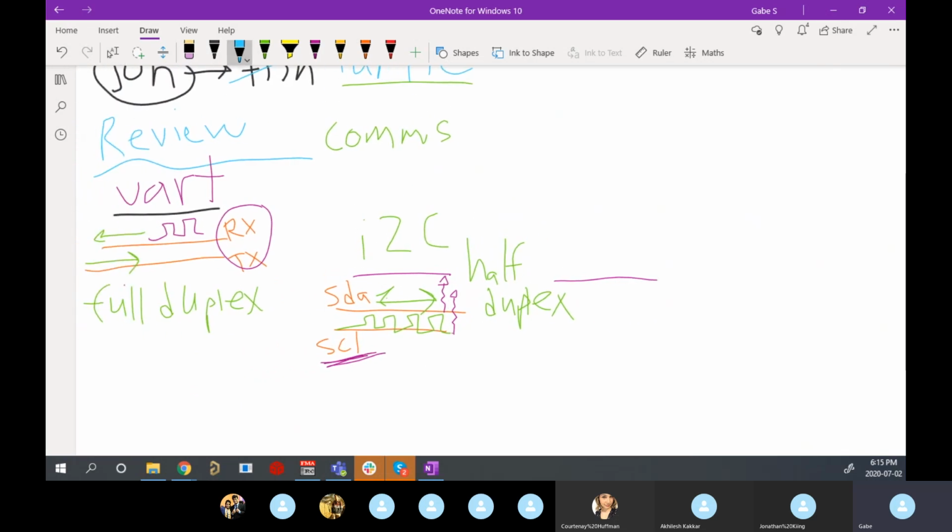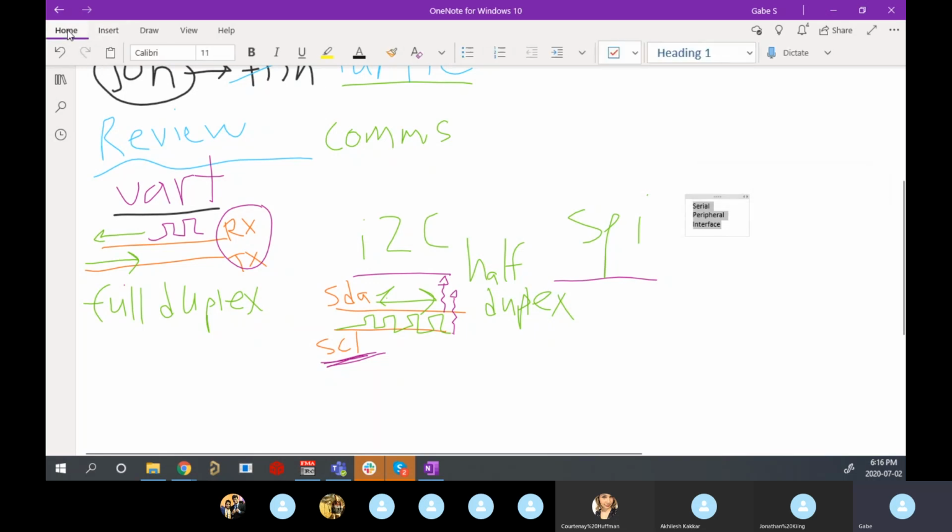So today we have SPI. It stands for Serial Peripheral Interface. I'll just type it out for the sake of it. Very descriptive name. To be honest, I don't really understand what it means. Junaid, do you know why it's called Serial Peripheral Interface?